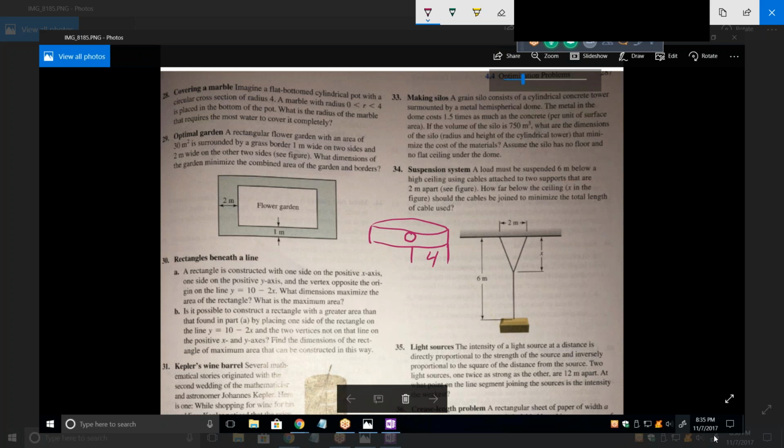It doesn't tell us the height of this thing. Well, it's a marble, so it should just have the same radius on it. The marble does, but it doesn't tell me the height of the cylindrical pot, and it seems to me that would matter, but I guess they're saying that it's at least 4 inches high. In other words, that is at least 4.